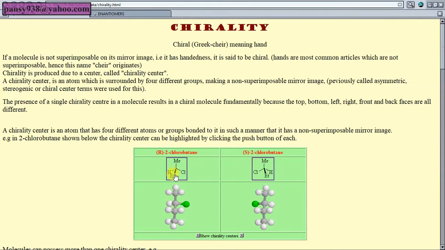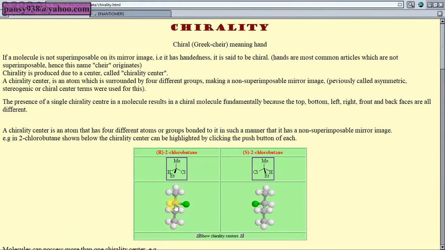You see that the carbon has a methyl group at one side, chlorine at the other end, a hydrogen at the third end, and an ethyl group at the fourth end.